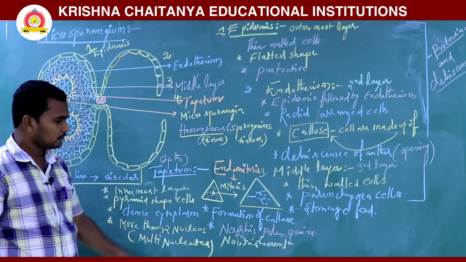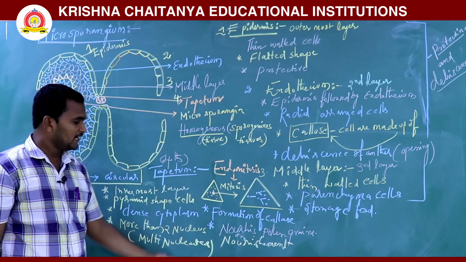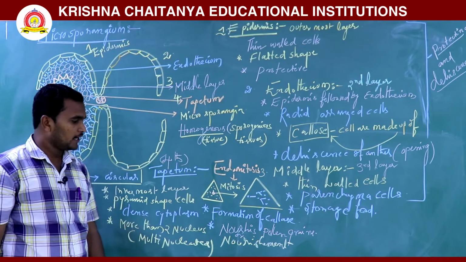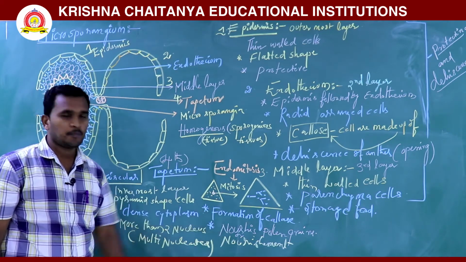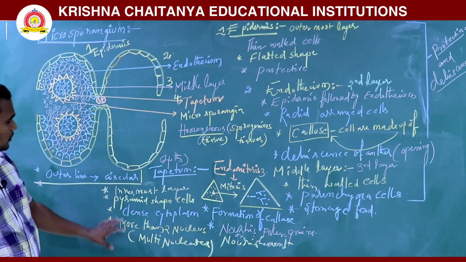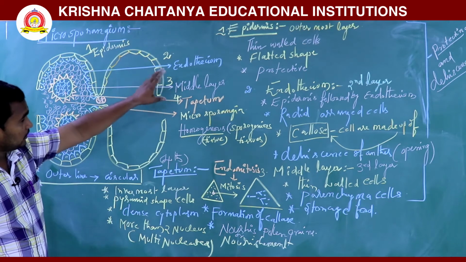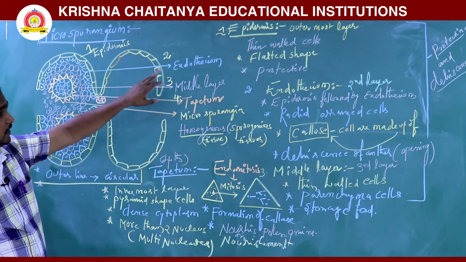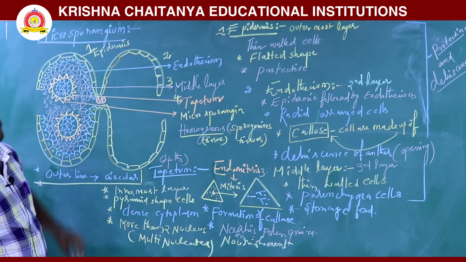It also forms callose and nourishes the pollen grains, providing food to them. So these are the general characters of epidermis, endothecium, middle layer and tapetum, the wall layers of the anther.